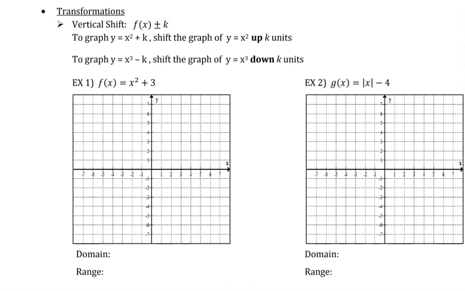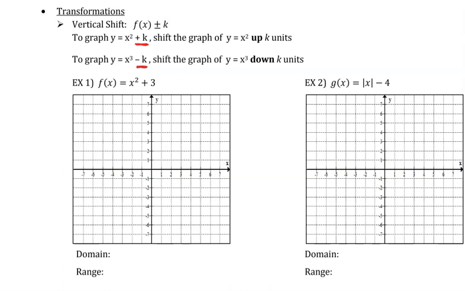If you have some parent function, so that could be x squared or the square root of x or the absolute value of x, and you have either plus some number or minus some number that is outside of the function, and by outside of the function, I mean this number is not being squared, it's not being cubed, it's on the outside of that, right?